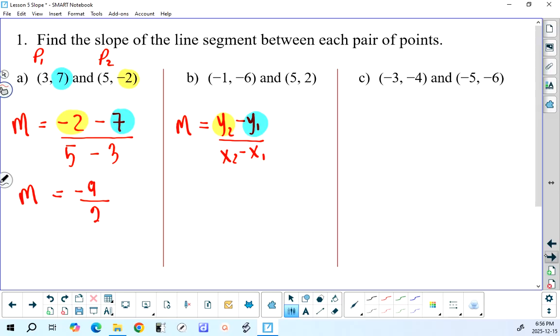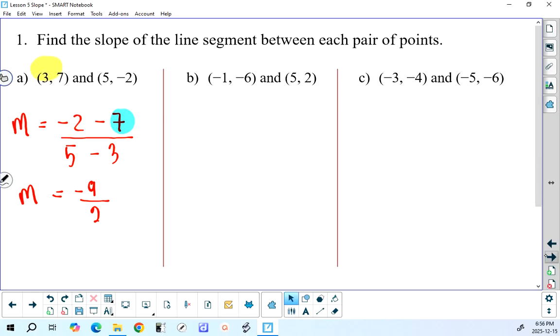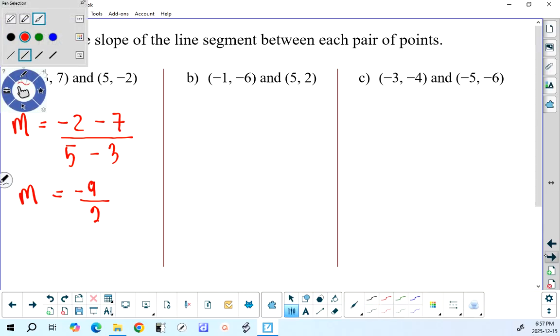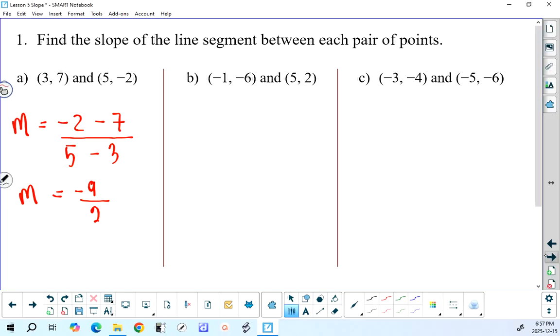Now, I want to pause here and show you how unimportant the 1s and 2s are. Because if I want to redo this, and I'm just going to do it in the middle of the screen, I could have subtracted the other way. What I did in this case is I took this negative 2 and I subtracted 7 and put it on the top. And then I took this 5 and I subtracted 3 and I put it on the bottom.